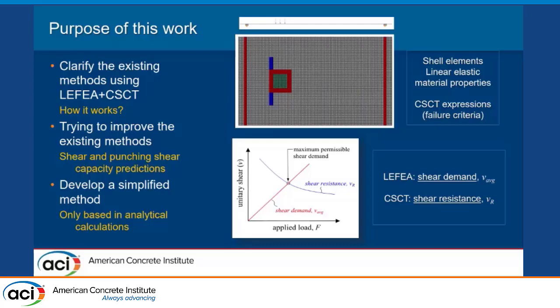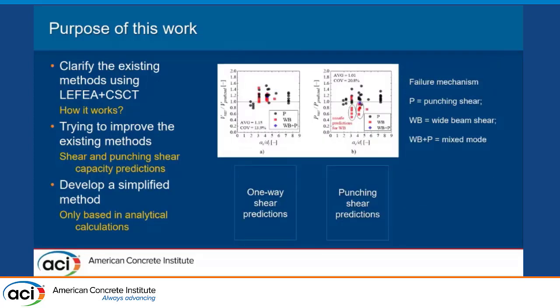The other motivation of this work was trying to improve the existing methods that combine linear elastic analysis with the critical shear crack theory expressions. If we look at these previous results, we can see the comparison between tested and predicted resistance using the one-way shear method and the punching shear method for the slabs that failed either by one-way shear or by punching shear.